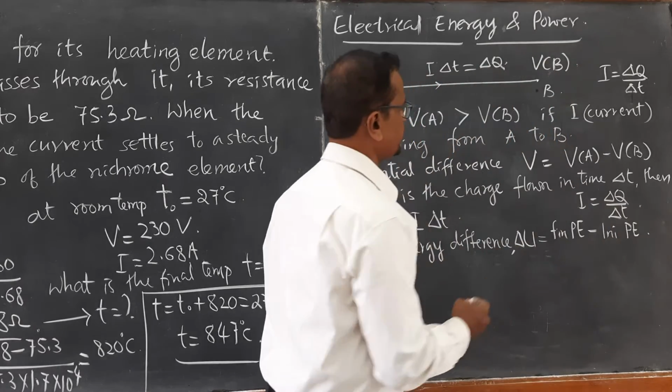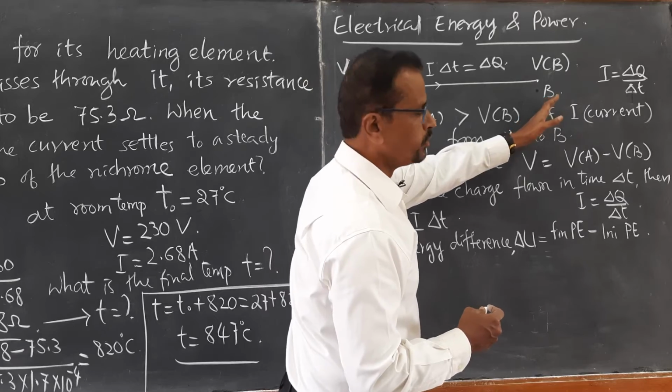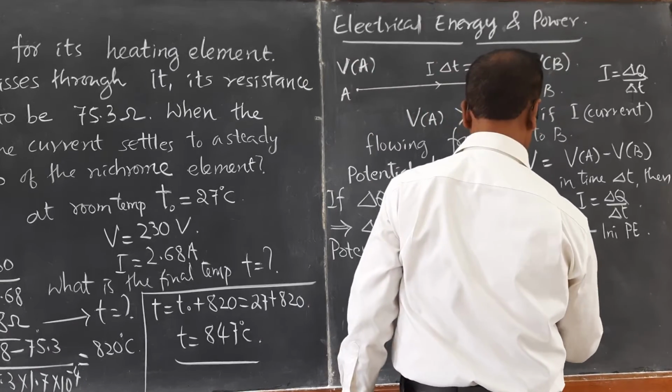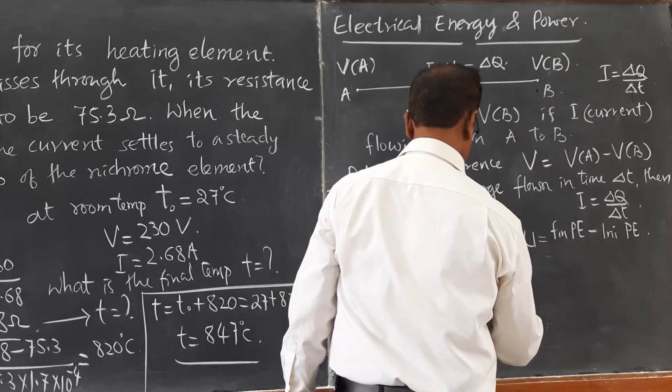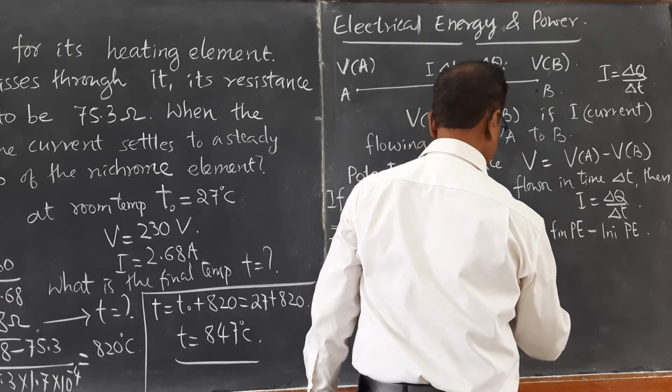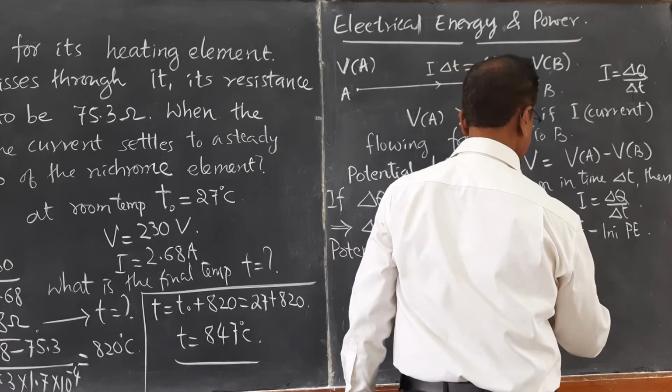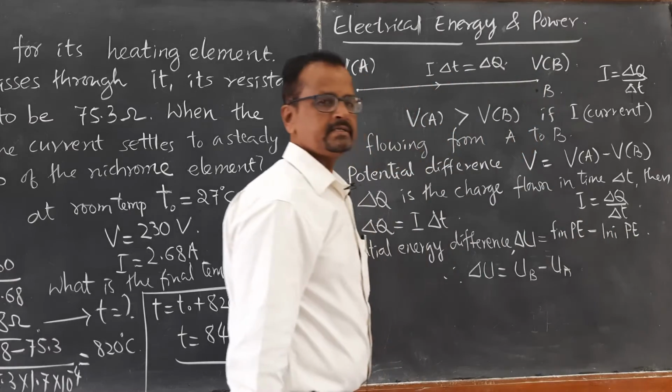So what is final potential energy? UB is the final potential energy. Therefore delta U is equal to UB minus UA.